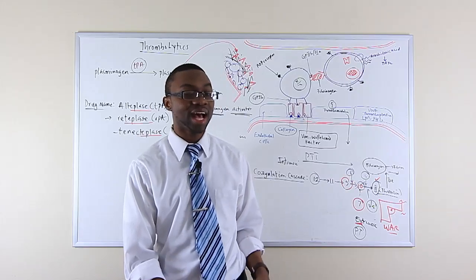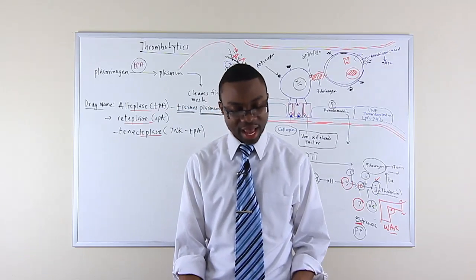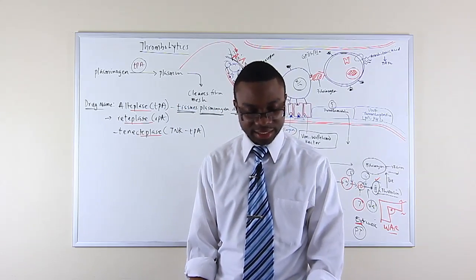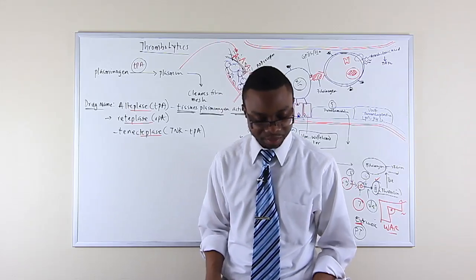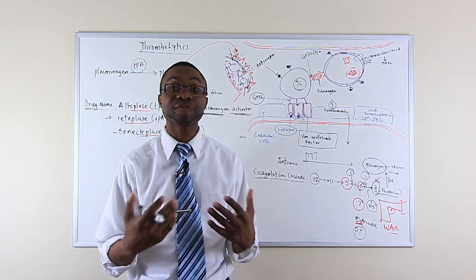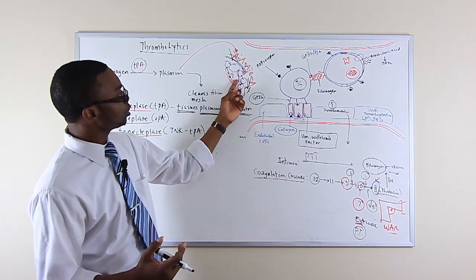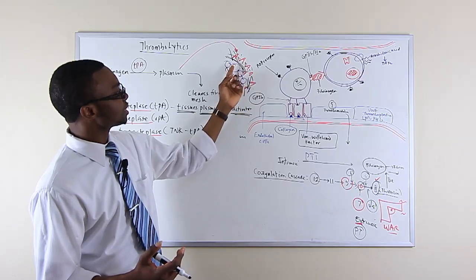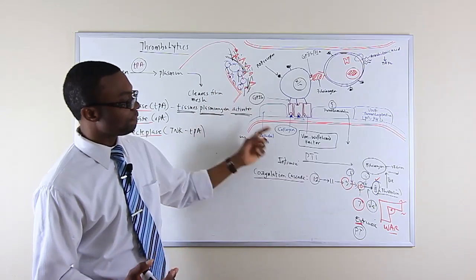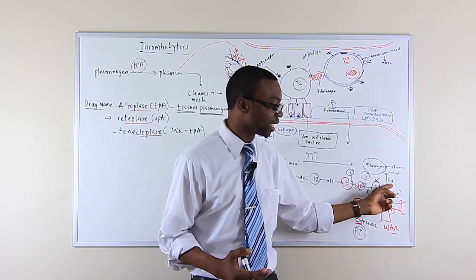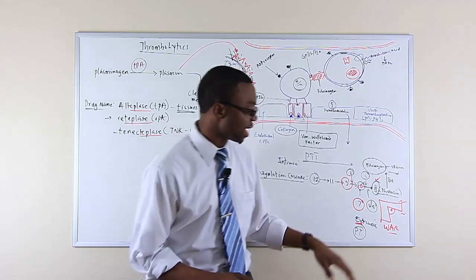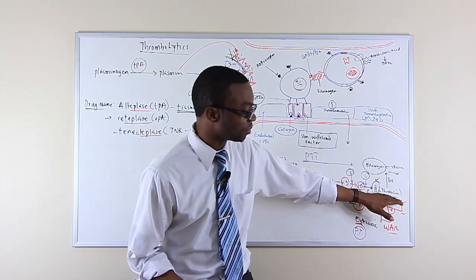It has an effect on PT and PTT, but has no effects on platelets, right? Because I told you, it doesn't touch platelets. It's only touching fibrin. And fibrin is coming from fibrinogen that needs factor 2A, which is thrombin, right?